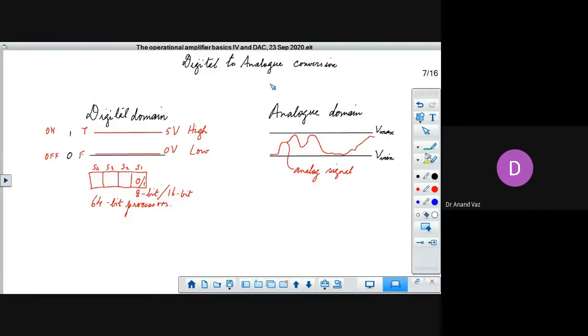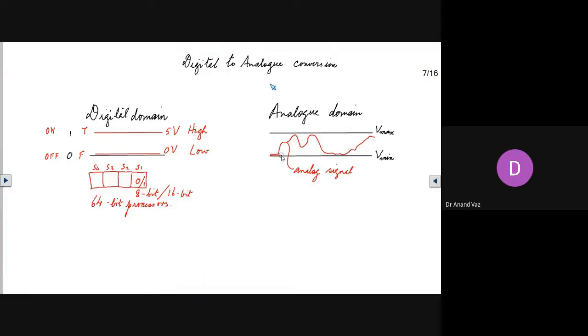So we would also have a signal. Even this is an analog signal. Even a signal like this is an analog signal.